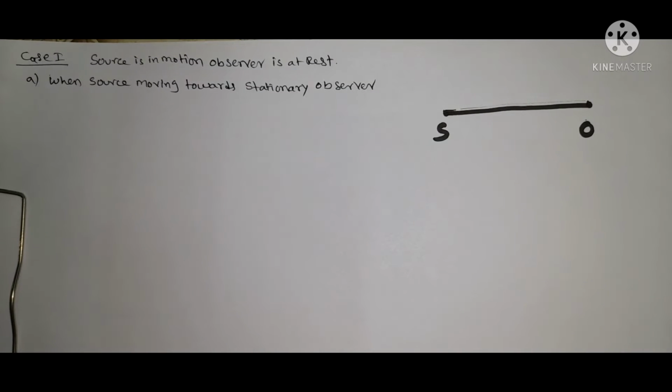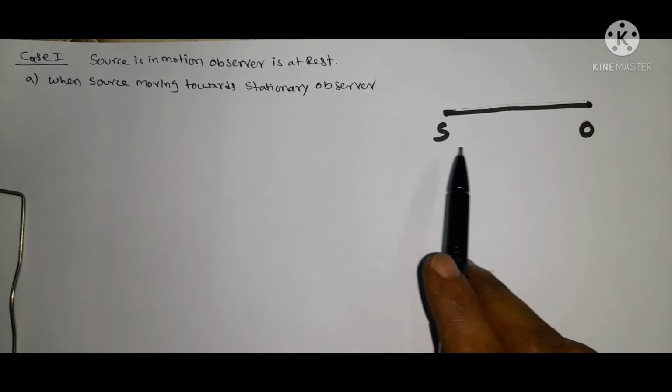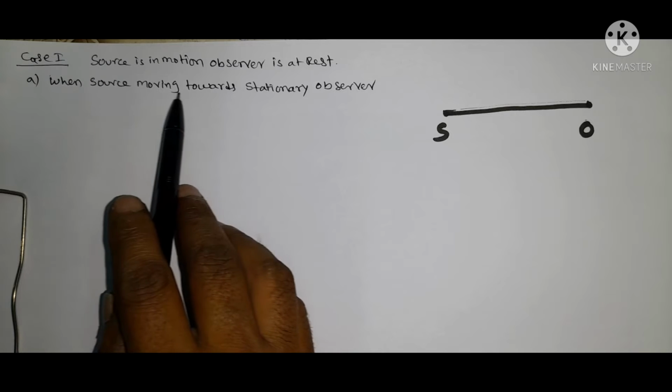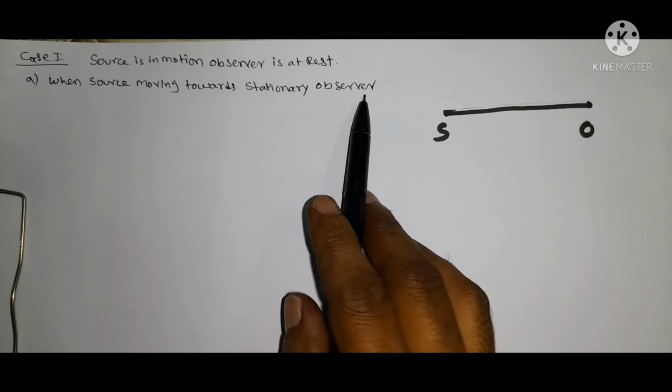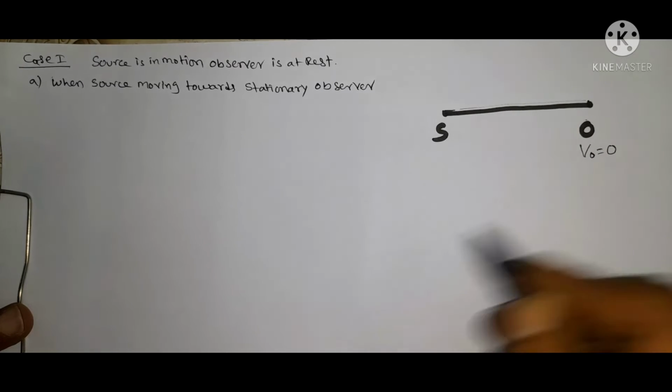Now let us see case 1: source is in motion, observer is at rest. In this you can apply two parts. Part 1, when the source is moving towards a stationary observer. Stationary observer means the velocity of the observer is 0.